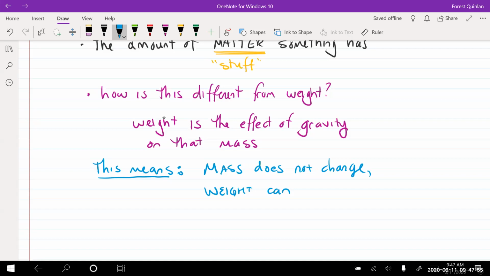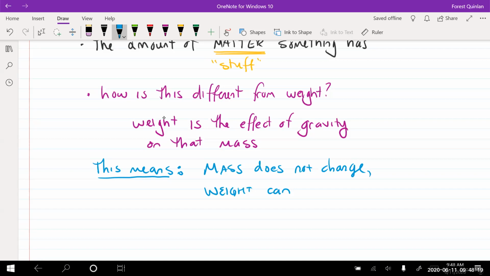I weigh 170 pounds. I go to the moon. Do I have 70 pounds? The answer is no. We've all seen the footage of those guys jumping really far on the moon because there's not much gravity on the moon. I may only weigh a fraction of that 170 pounds, but did I lose a limb?